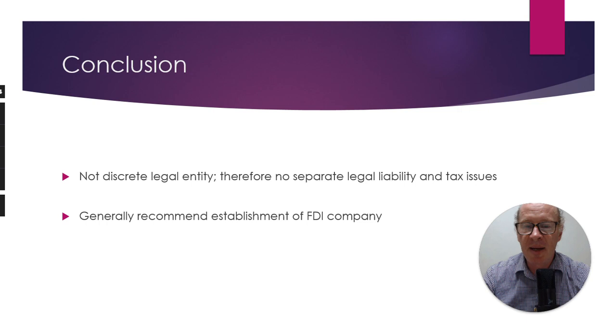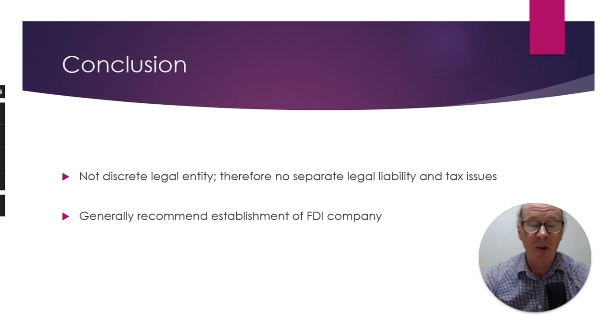Okay, and in conclusion, the branch office is not a discrete legal entity, and that has two main consequences. The first one is legal liability. So if the branch has legal issues, then the parent is not insulated, and vice versa. And the same for tax.